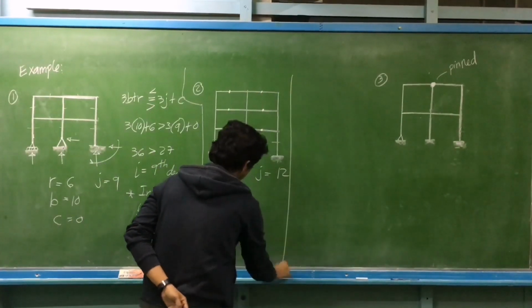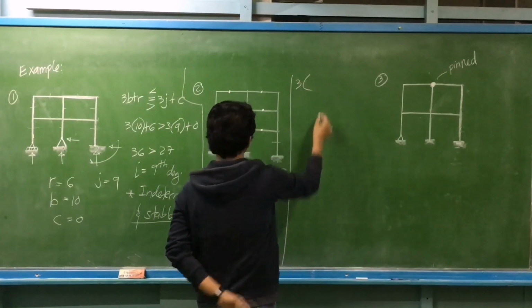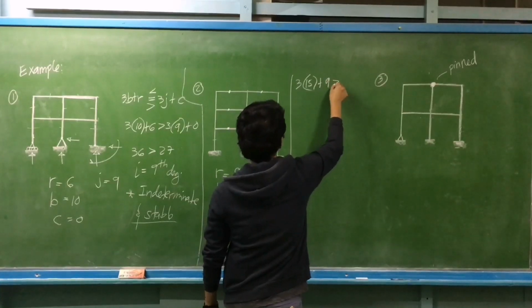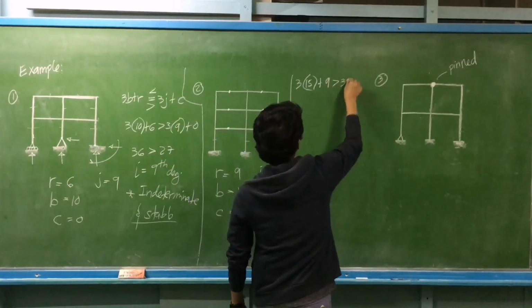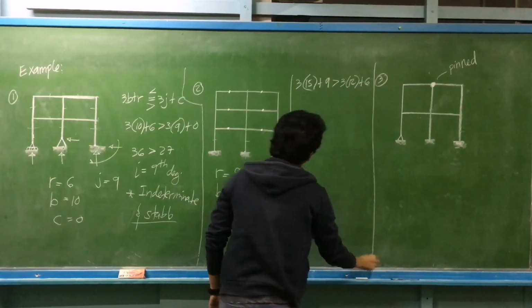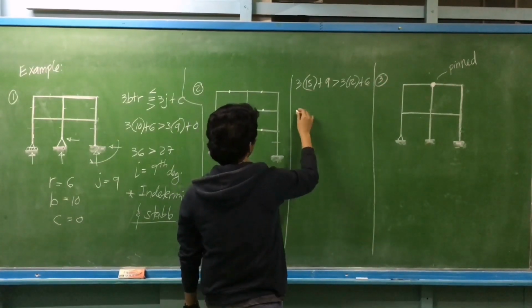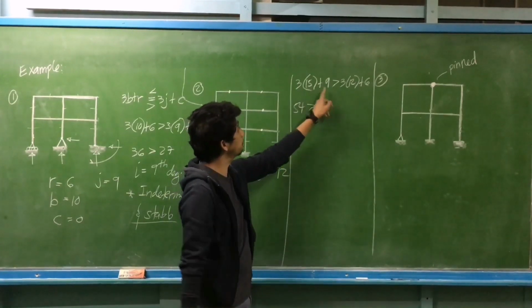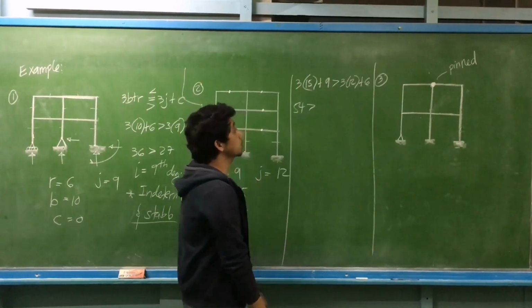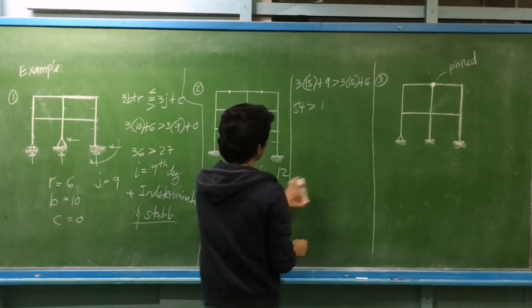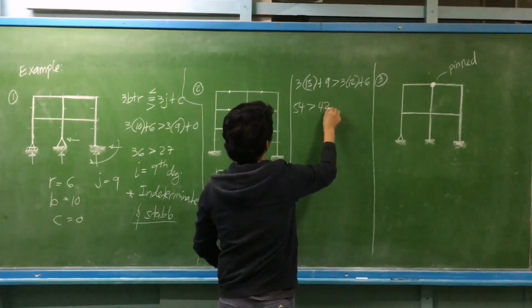And let us satisfy the condition. This is 3 times the number of bars, 15. Support reactions is 9. I think this is greater than 3 times 12 plus 6. So this is 45 plus 9, we have 54, which is greater than 3 times 12, which is 36, plus 6, equal to 42.